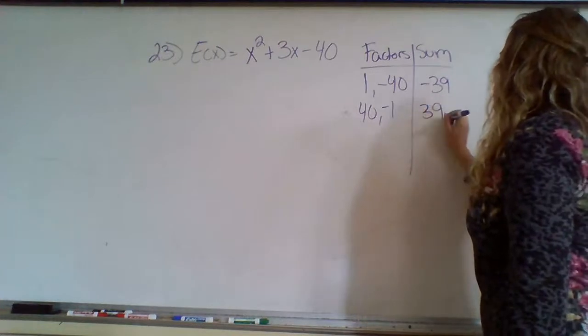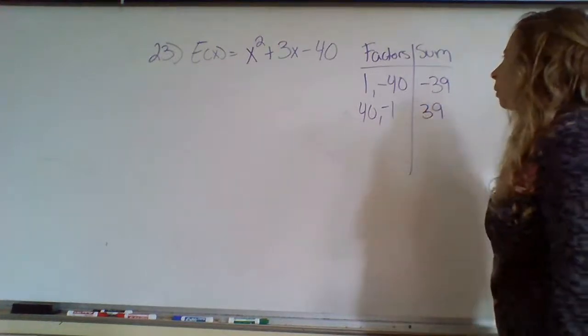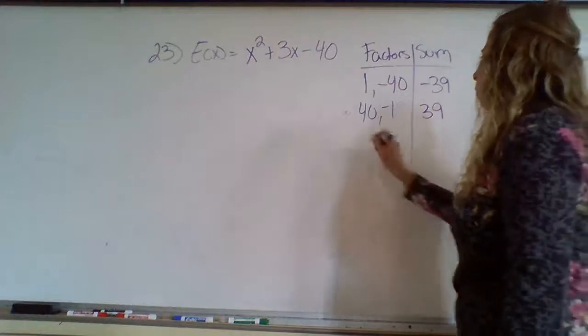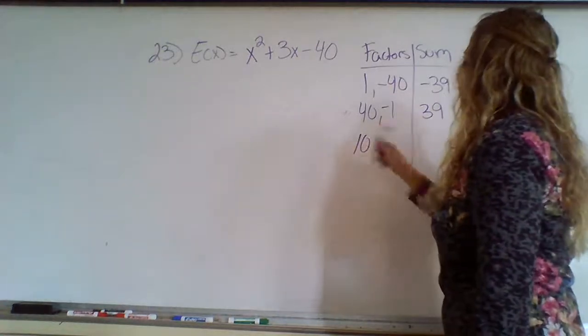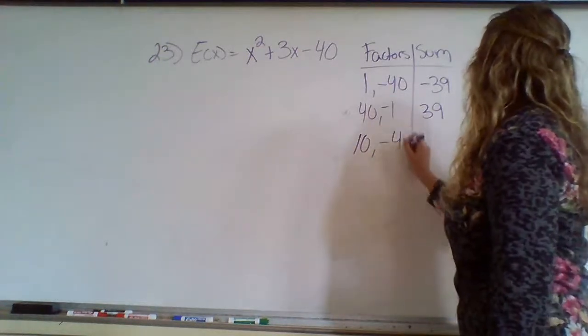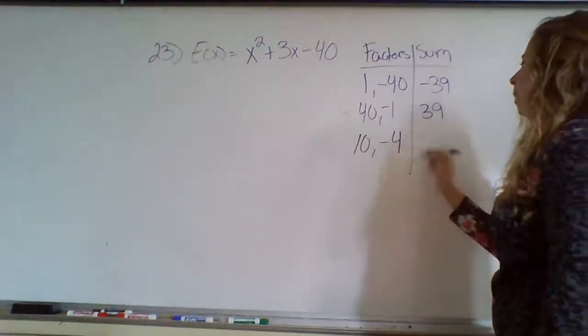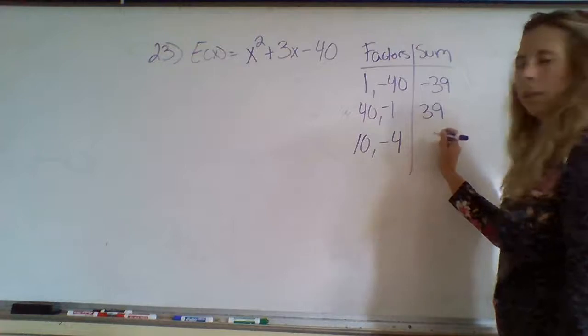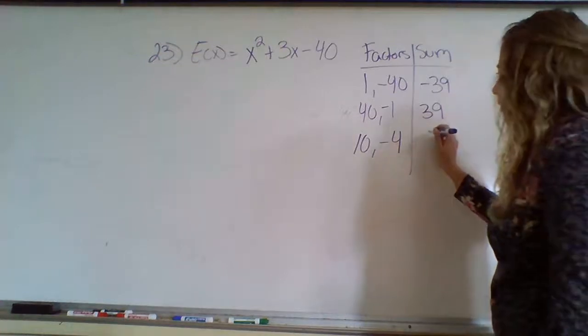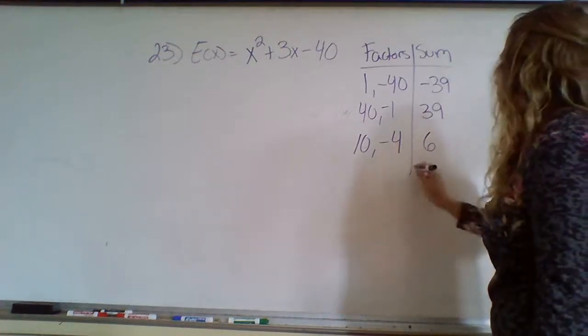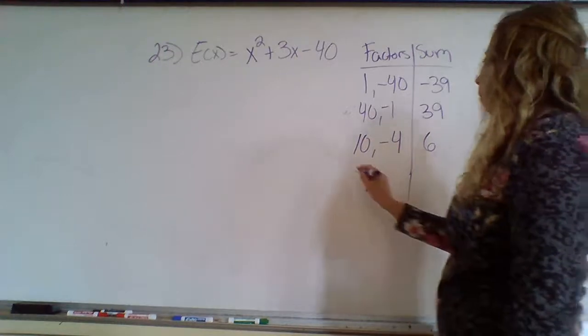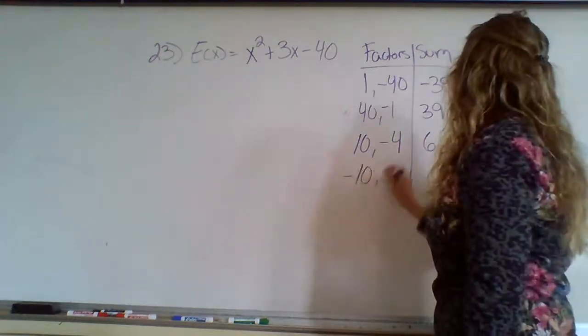All right, what about 10 and 4? One of them has to be negative, so 10 and negative 4. Multiply them together to get negative 40, but you add them up and you get 6. Okay, that's not it. What about negative 10 and positive 4?